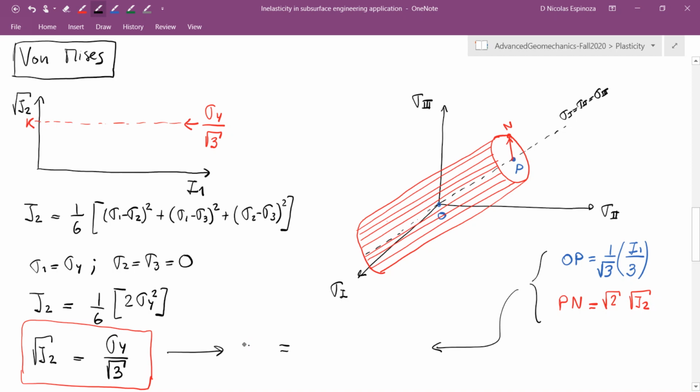What I wanted to do is to calculate Pn in terms of J2, and this is going to be square root of J2 is that.